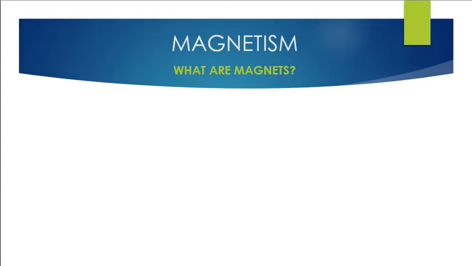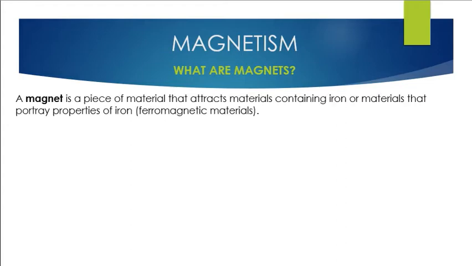So, what are magnets? Magnets can be said to be pieces of material that attract materials containing iron, or simply materials that portray properties of iron. Meaning sometimes these materials might not even contain iron, but they'll be attracted by a magnet.